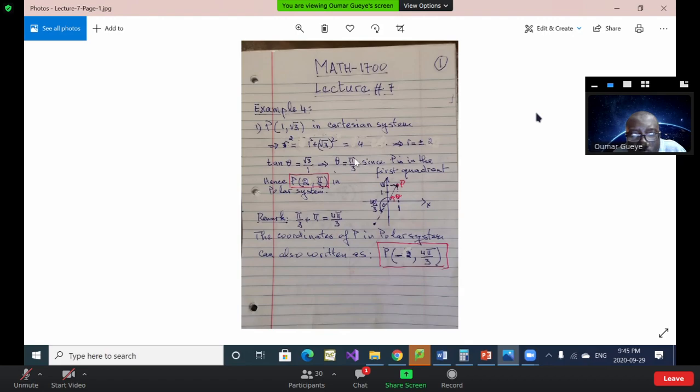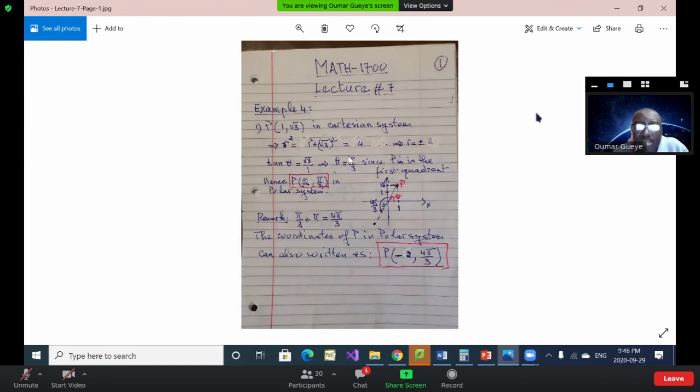So that's why I said my theta should be in the first quadrant. And theta in the first quadrant means that theta should be between 0 and pi by 2. Now you check the trigonometric table, which angle has its tan equal to √3. We have only one angle in the first quadrant for which the tan is equal to √3, it's pi over 3.